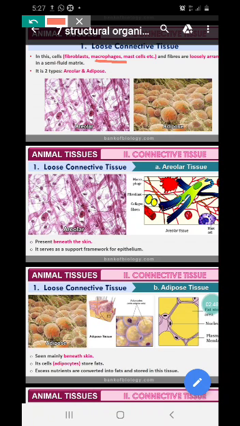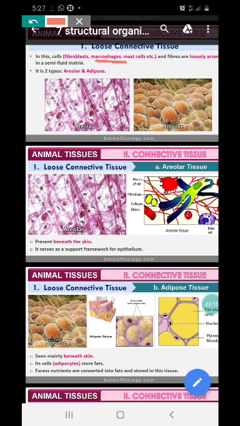Now, what is the adipose, children? Adipose connective tissue. These are the cells which will store the fat. Excess fat present in our body is converted to or stored in adipose tissue under our skin and also around different organs as a protective cushion, right? Adipose tissue. And areolar tissue is a packing tissue.